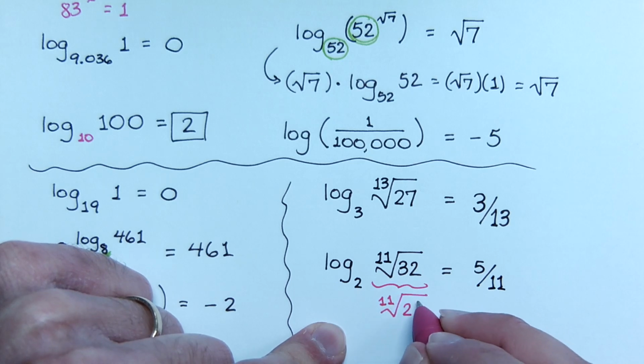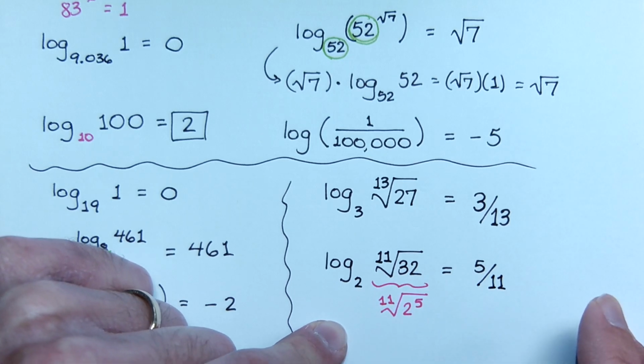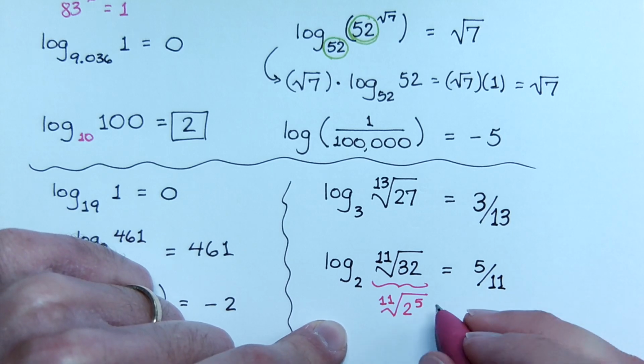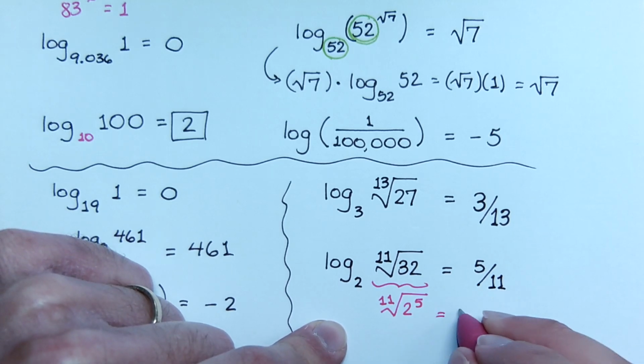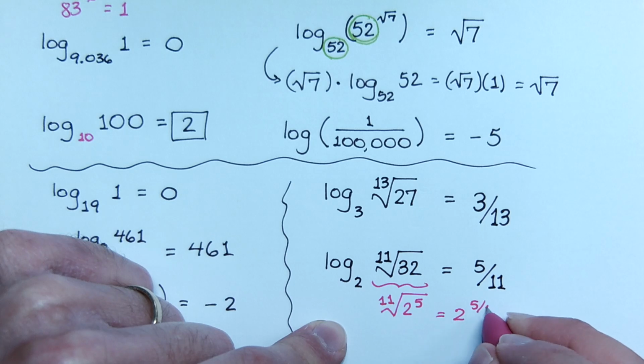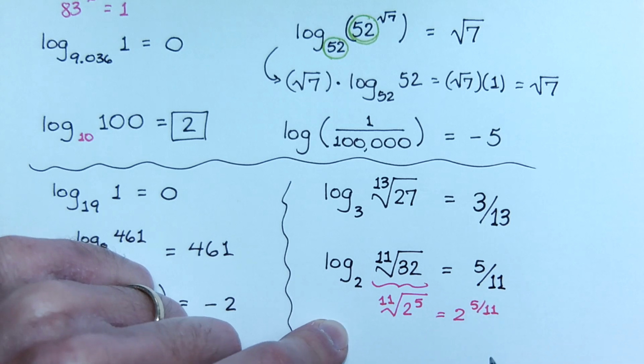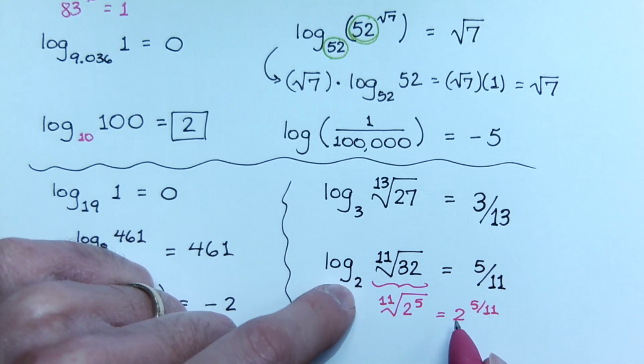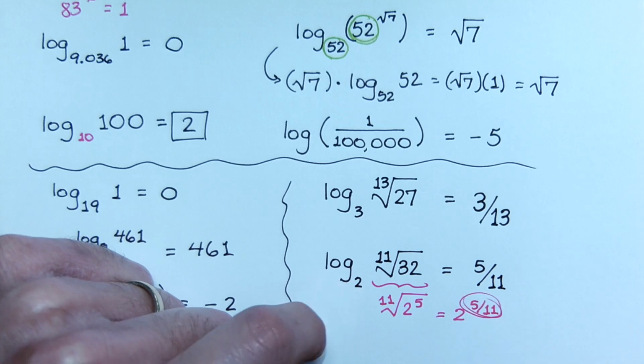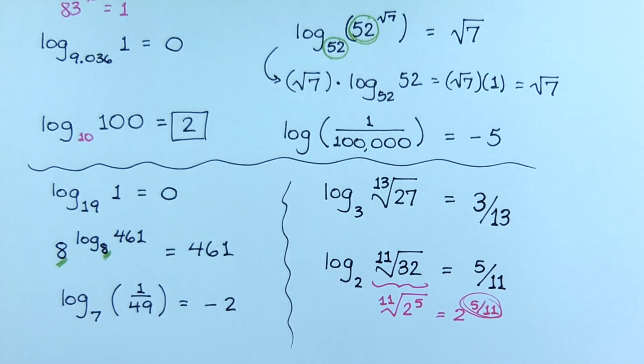Right, because this means the 11th root of 2 to the 5th power, right? And this guy becomes 2 to the 5/11ths. And since these powers, or the bases would match up, that's the answer I'm looking for. That's right, unagi.